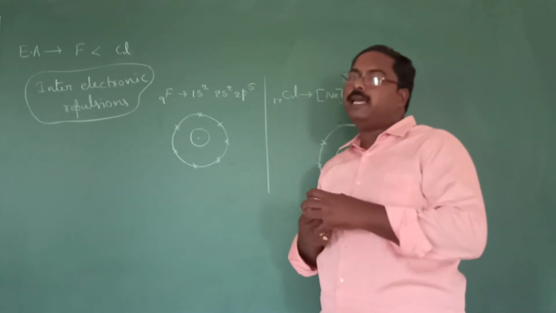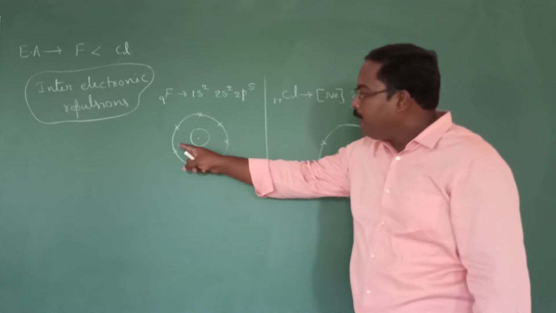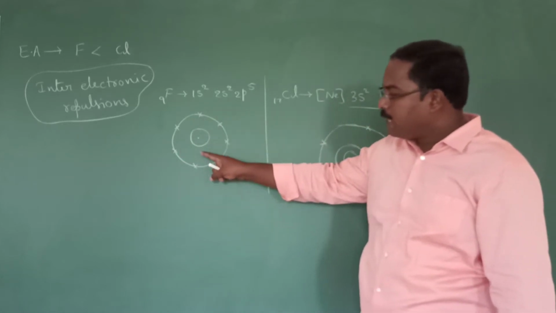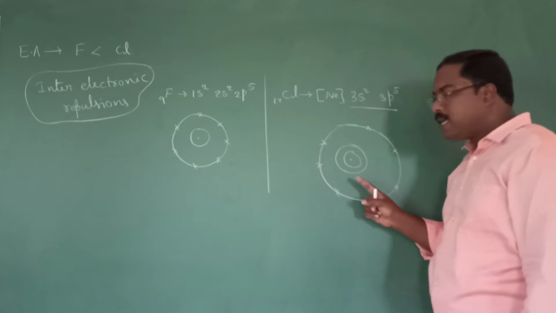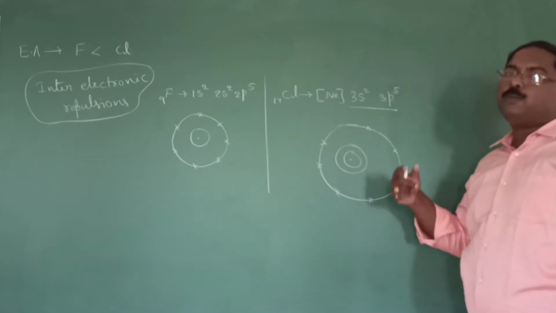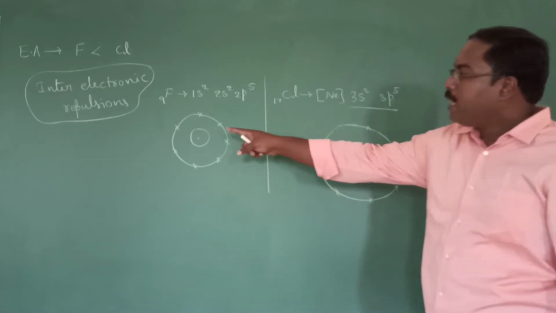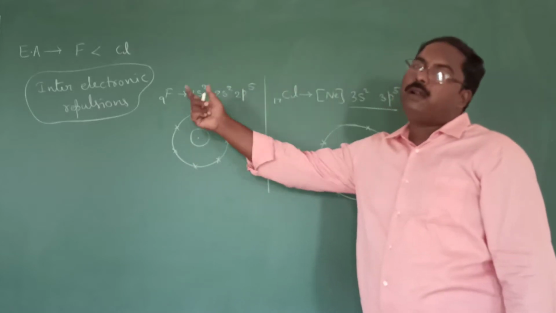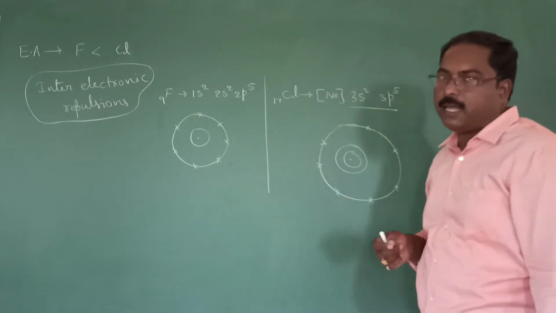Inter means within the atom. There will be repulsions between the electrons in fluorine as well as in chlorine. But in which case are more repulsions present? In fluorine there are more inter-electronic repulsions.